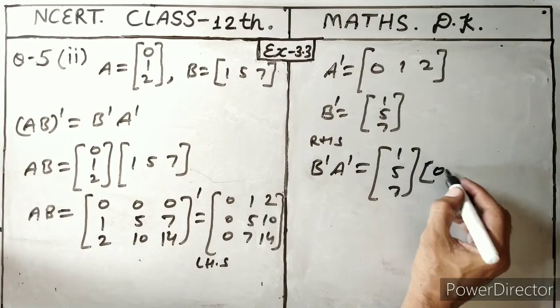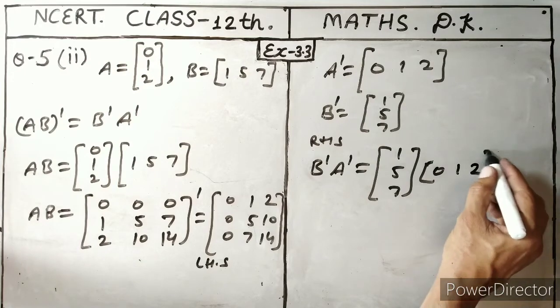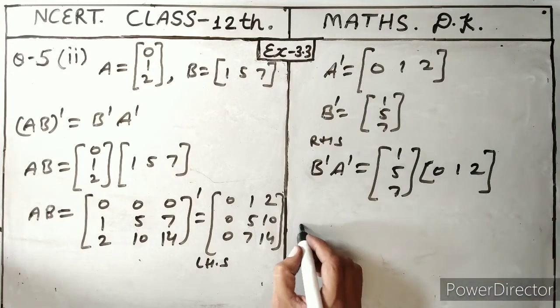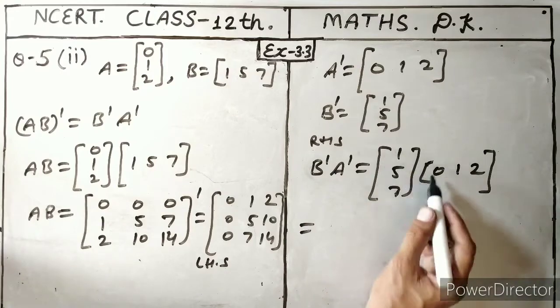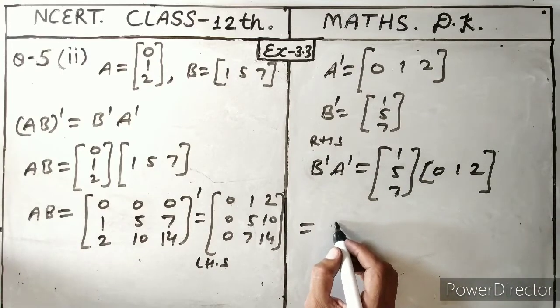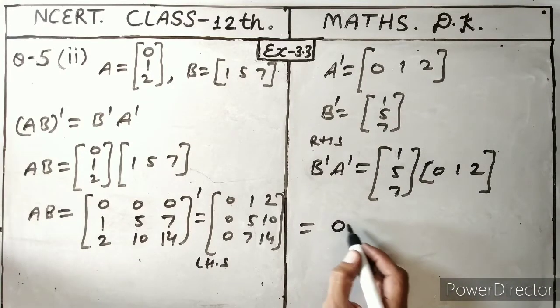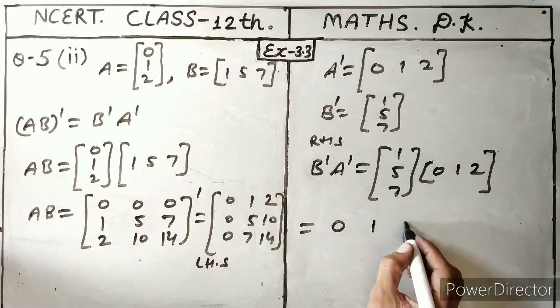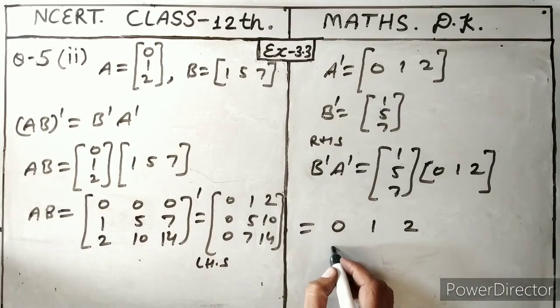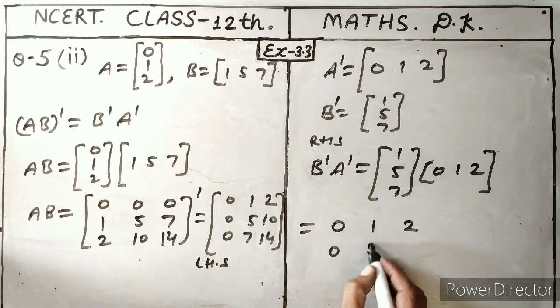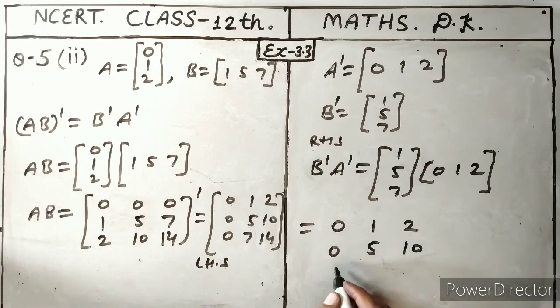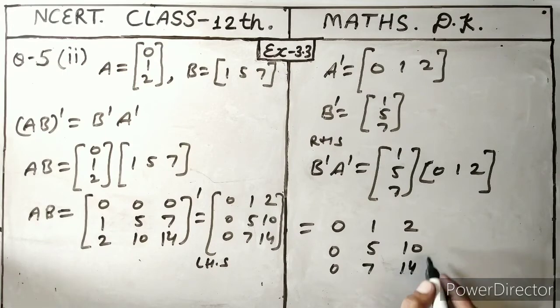A transpose 0 1 2. Product of these two matrices is 1 0 0 1 1 1 1 2 2 5 0 0 5 1 5 5 2 10 7 0 0 7 1 7 7 2 14.